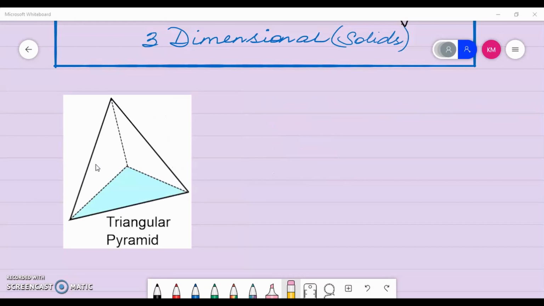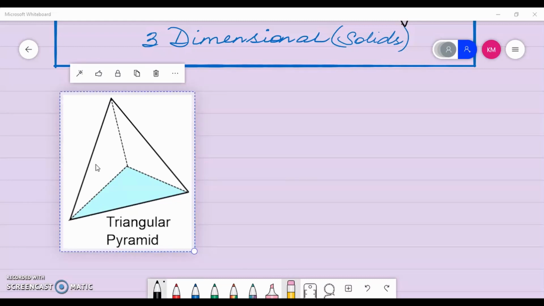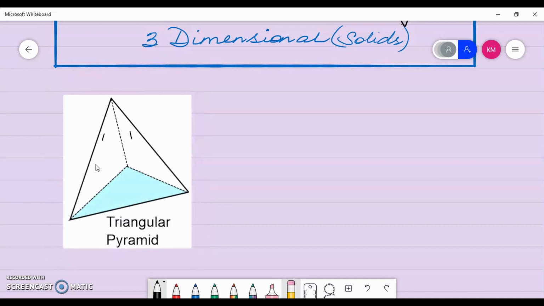The last solid we will be looking at is a triangular based pyramid. Let's see how many faces we have. There's 1 at the side, 1 at the other side, 1 at the bottom, and there's that large face at the front. So there are 4 faces. Let's see how many edges. 1, 2, 3, 4, 5, 6.